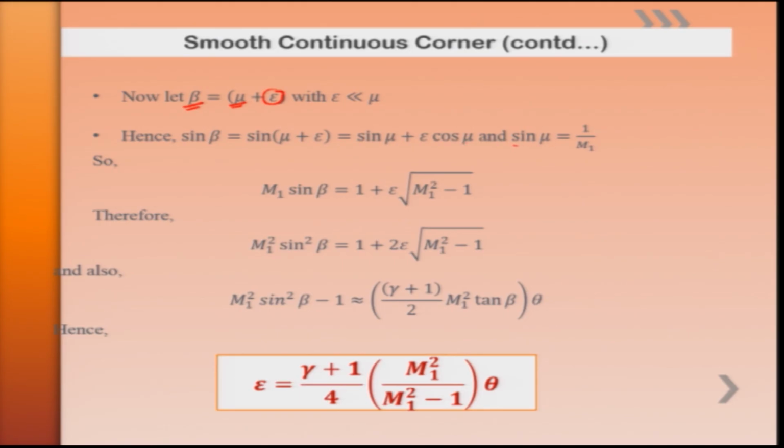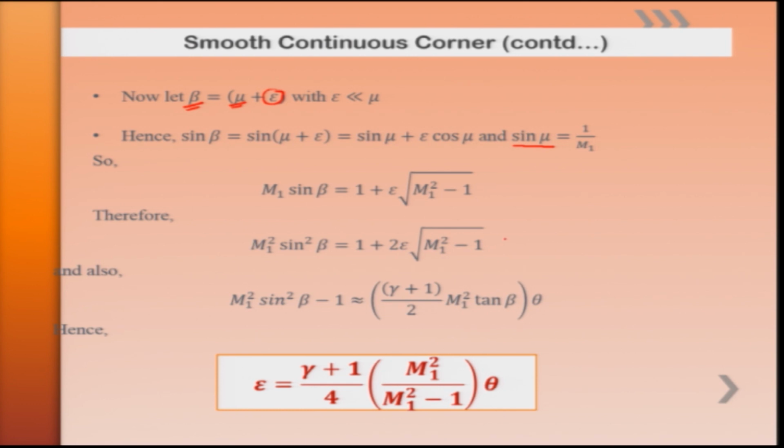And since sine mu, when the oblique shock degenerates into the Mach wave as a limiting case, is equal to 1 by M1, this expression can be converted into M1 sine beta is equal to 1 plus epsilon square root of M1 square minus 1. And now, squaring both sides, I can write M1 square sine square beta is equal to 1 plus 2 epsilon square root of M1 square minus 1.